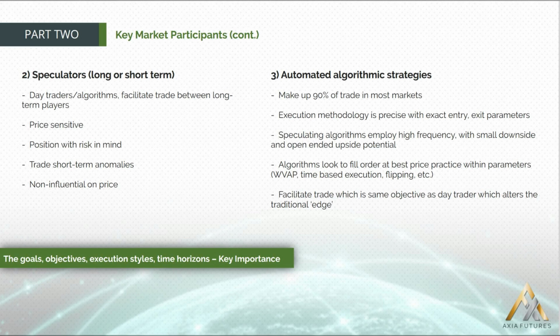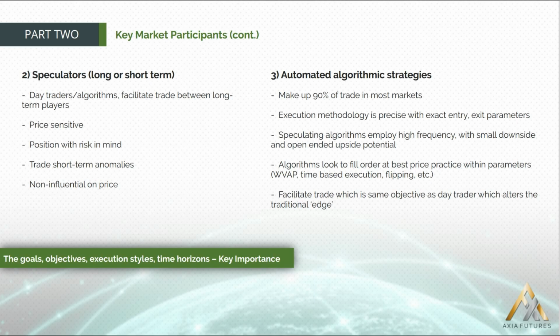Whereas the speculator tends to hold until a profit target or a specific objective has been reached. They speculate on the direction of price, whether up or down, and take advantage of that. Once the advantage has been taken, they then exit the position, whereas commercial paper tends to hold on to the position.